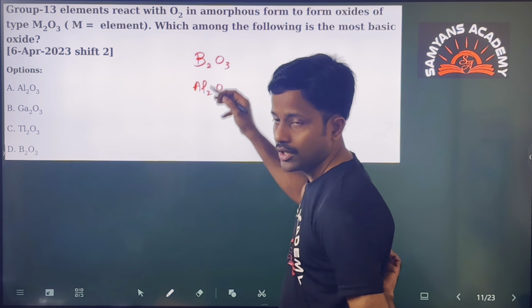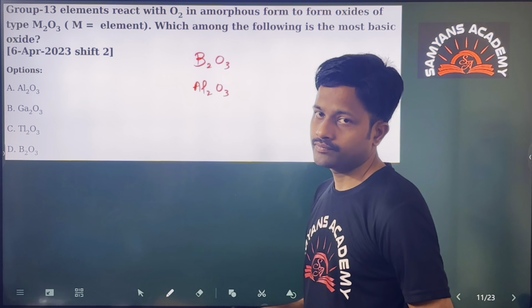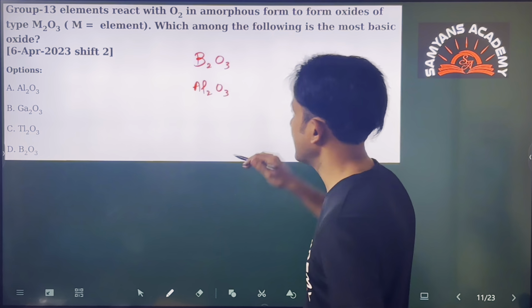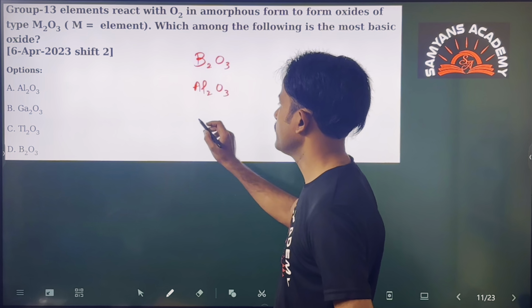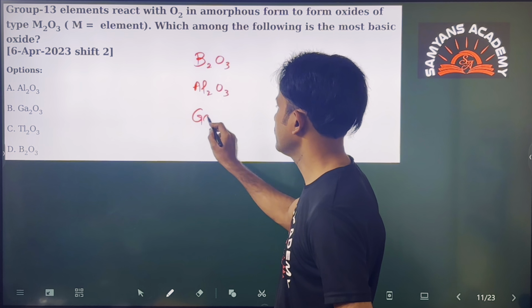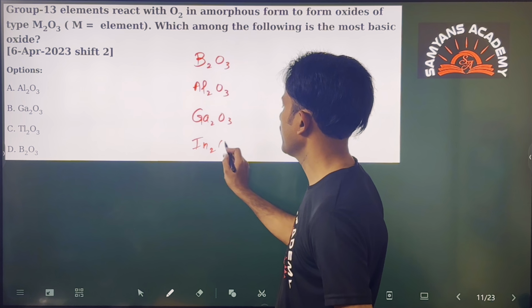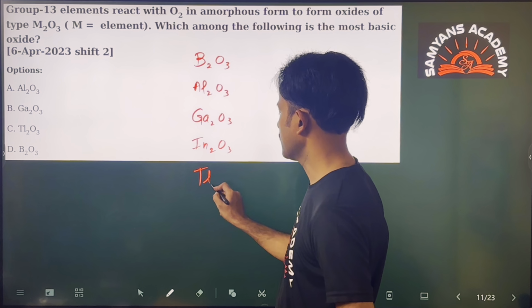Down the group the metallic nature increases, which means the basic character of the oxides increases, right? Then gallium, indium, and thallium come.